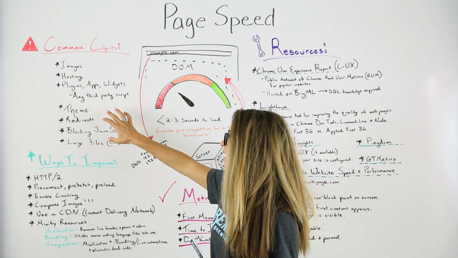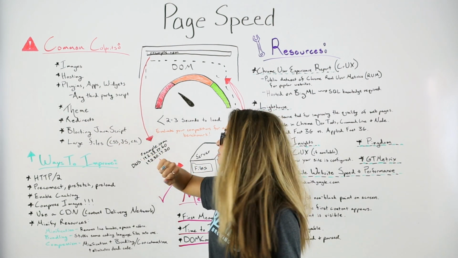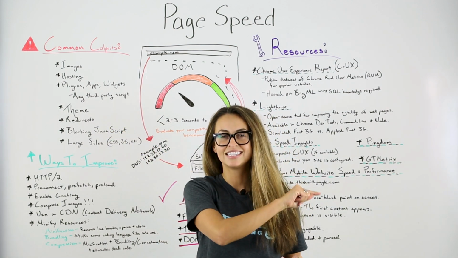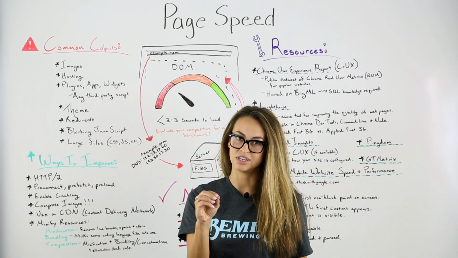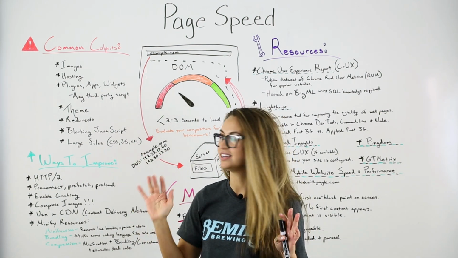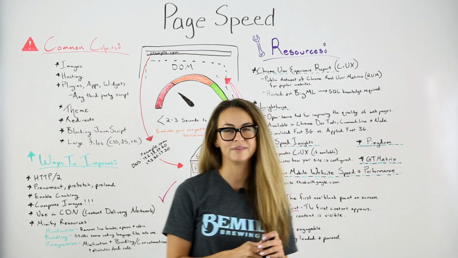Your theme and any large files beyond that can really slow things down as well. Redirects, right? The number of hops needed to get to a web page will slow things down. And then JavaScript, which we'll get into in a second. But all these things can be a culprit.